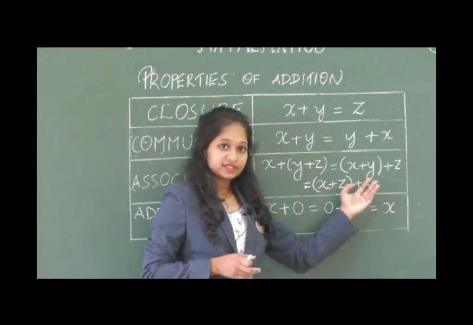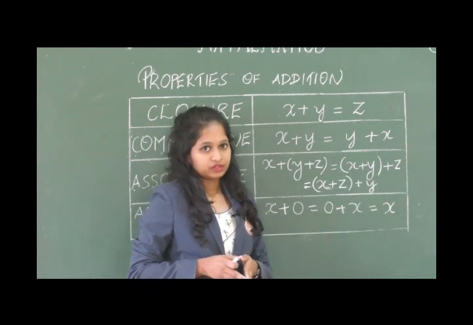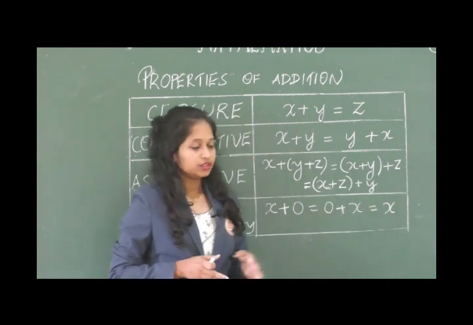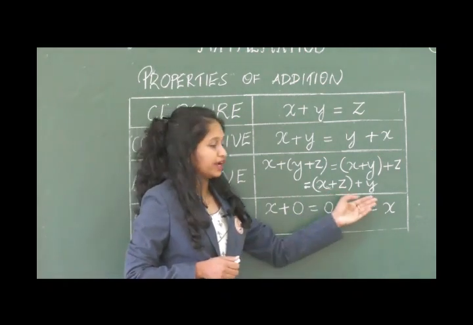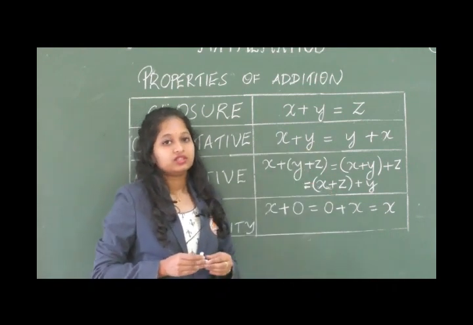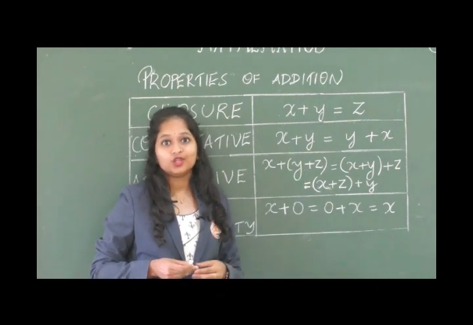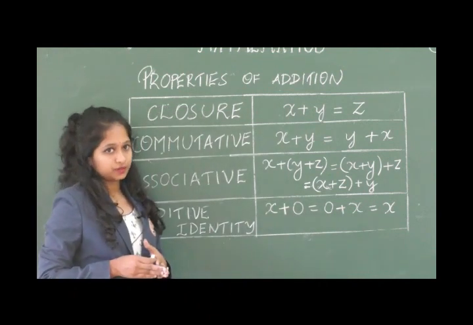Next, add x and y first, then z. And third, you add x and z first, then you add y to it. All the 3 sums will be equal. That is called as associative property.